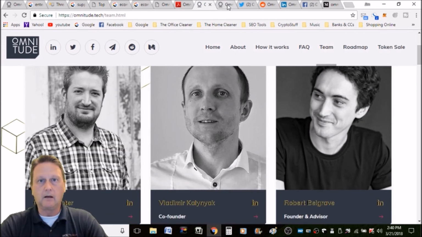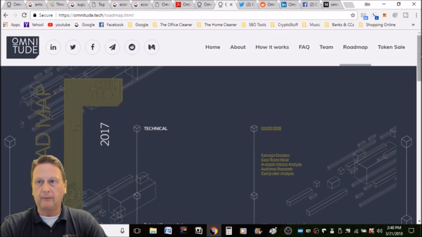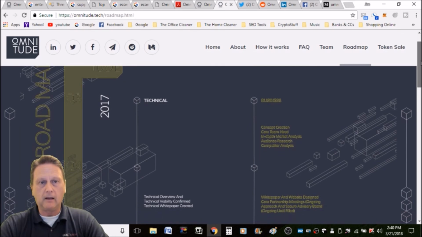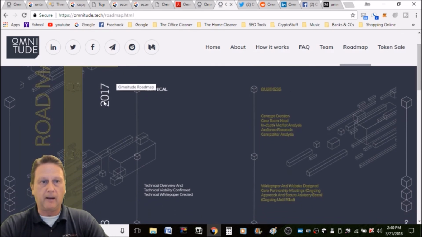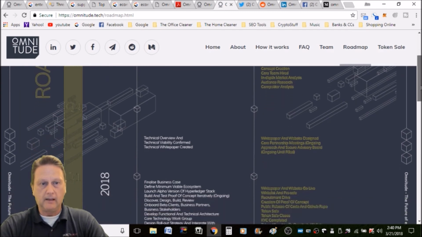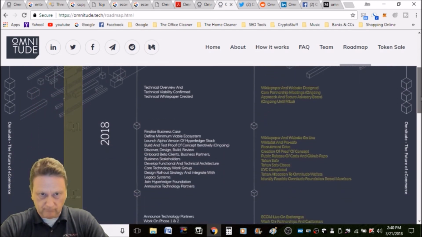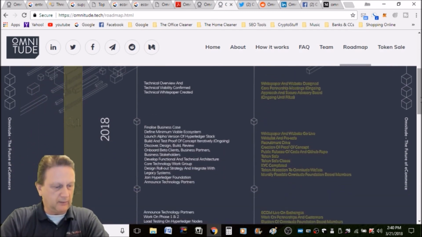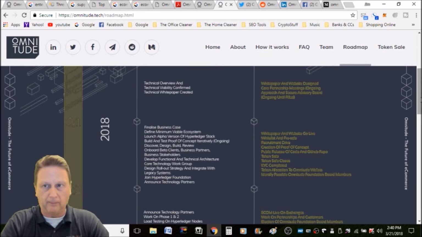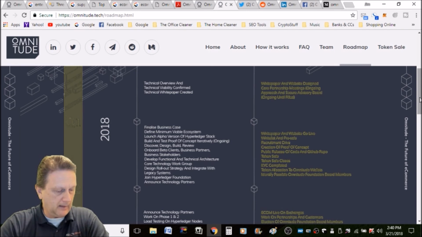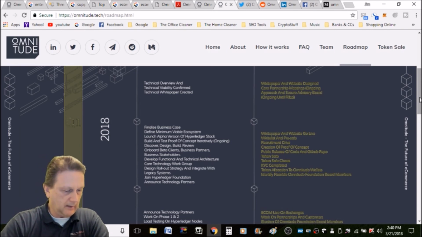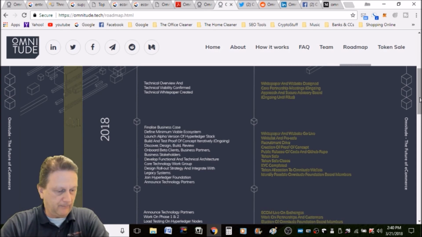And the roadmap is also there for you to see. This project did start back in Q3 of 2017, as you see there. And the ICO, as I said, is going on now, but the main sale will be March 28th through April 25th, as I said. It's 100 million tokens total supply, 100 million.